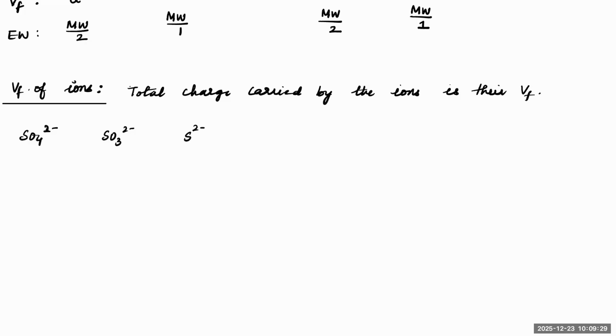While if you take hydrogen phosphate HPO4 2 minus, HPO3 2 minus, CO3 2 minus, C2O4 2 minus, CrO4 2 minus, MnO4 2 minus.